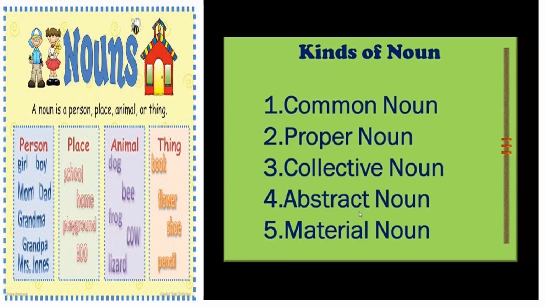And if you're looking at a place, it can be a school, your home, playground, zoo, etc. And if you're naming an animal, it could be dog, bee, frog, cow, lizard, and many more. And things, of course, anything you can name. Book, flower, shoe, pencil, and lots more.